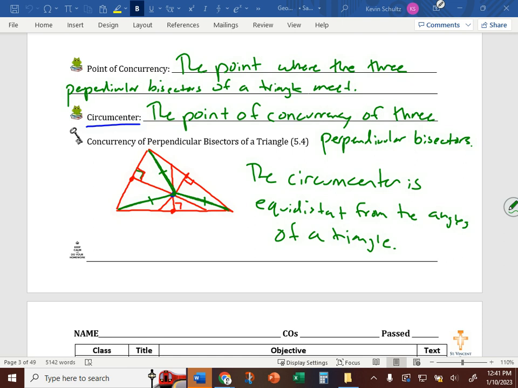How this might be applicable: if you wanted to set up something, maybe you have a triangular yard or a triangular playpen for a pet, or you've got a town where you've got three important landmarks that you can make a triangle with.